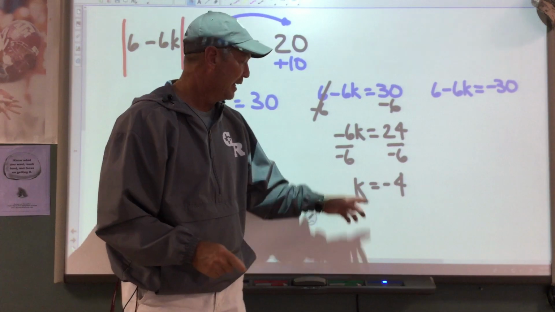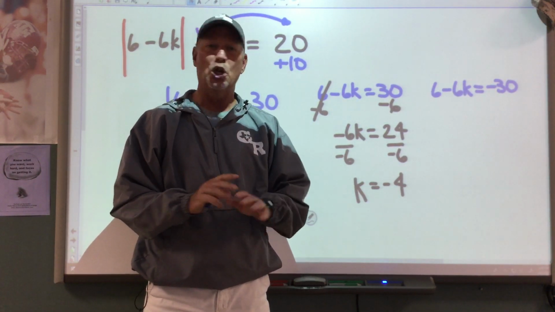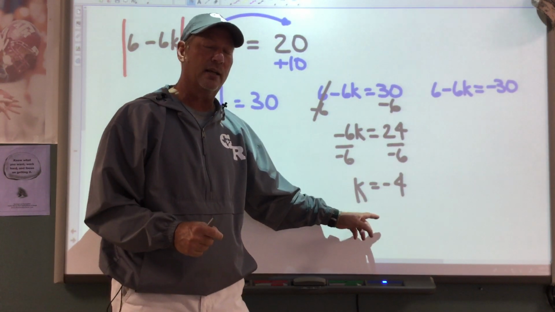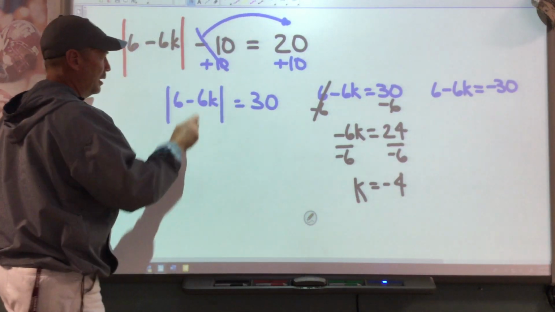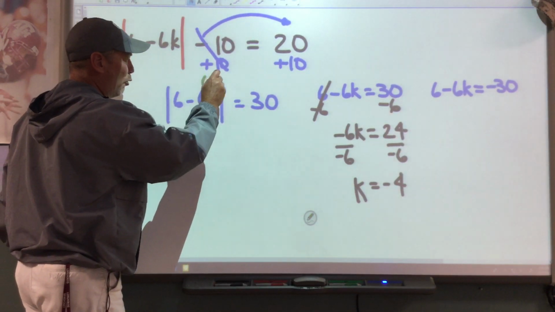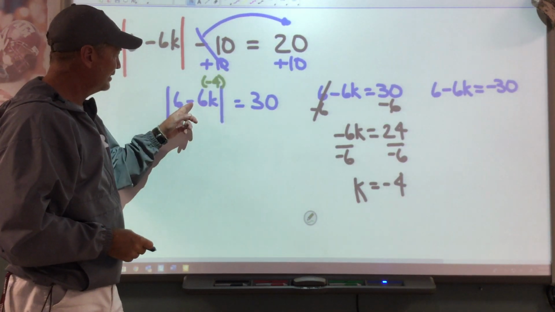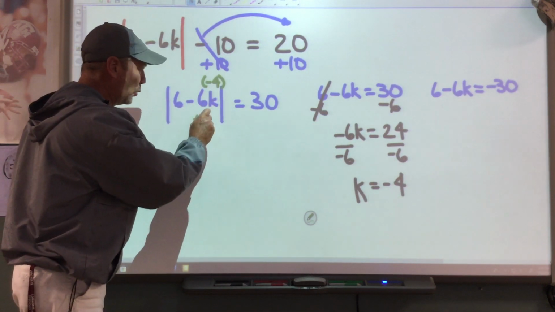Did we say that my variable could not equal a negative number? No, we never said that. This could be a good answer. We're going to check. We're going to make sure. We're going to put a negative 4 right here. Negative 6 times negative 4 is a positive 24.